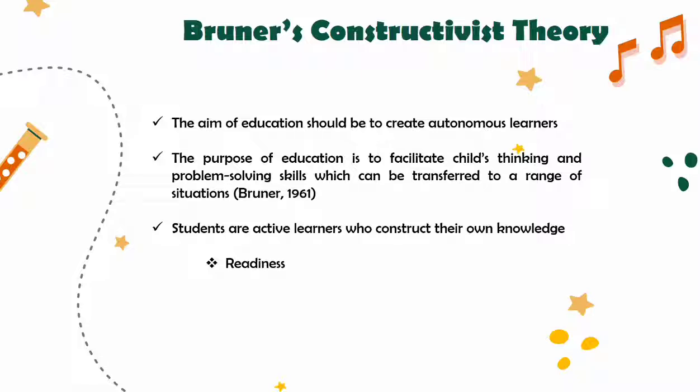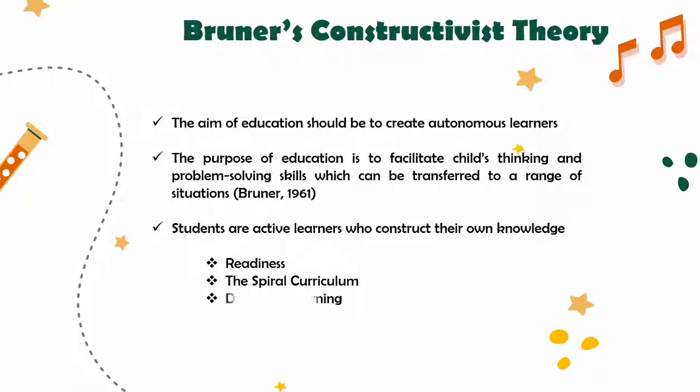cognitive maturity. While in the spiral curriculum, Bruner adopts a different view and believes that a child of any age is capable of understanding complex information, because here they begin with the hypothesis that any subject can be taught effectively in some intellectually honest form.